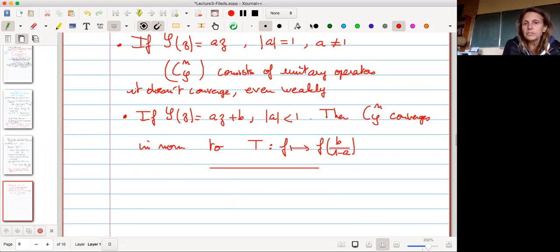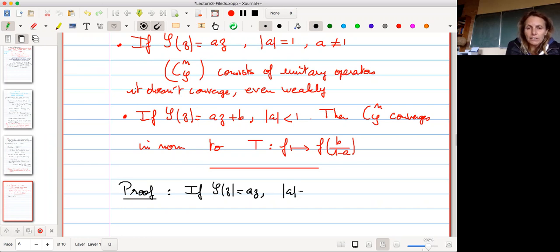And now we do the proof. First, if phi is just AZ, where A has modulus 1, take the identity map.